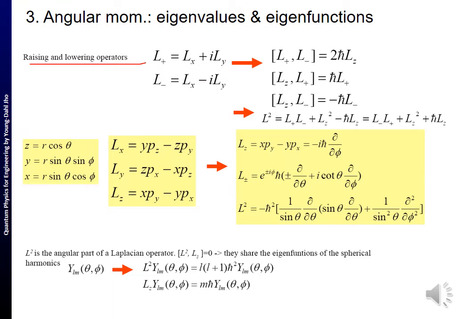Just consider there is something called raising and lowering operator. This is the raising operator L plus, equal to Lx plus iLy. The meaning of this is that it will raise the quantum number. You will see later on. And L minus will lower the quantum number.